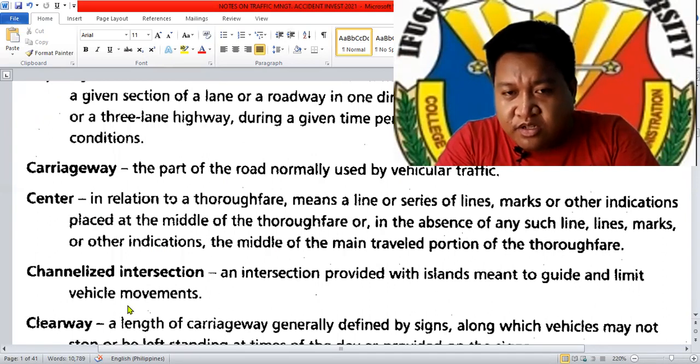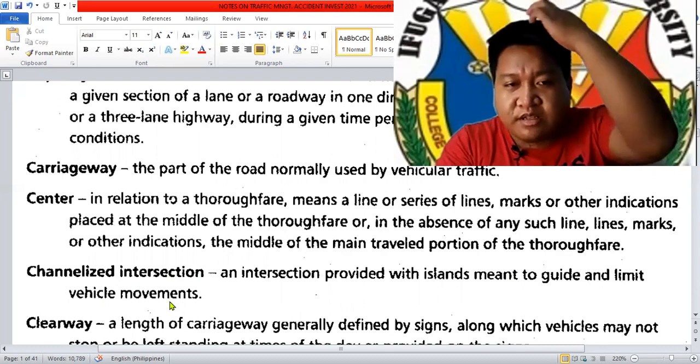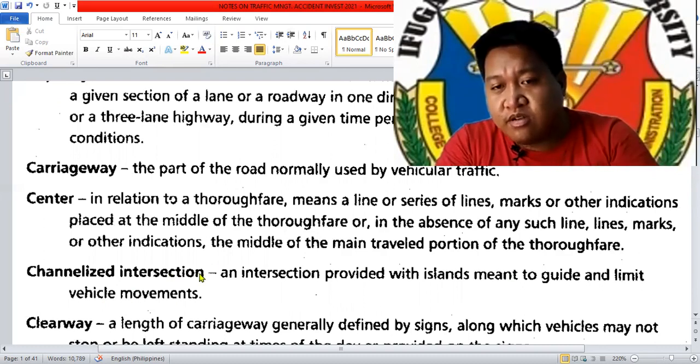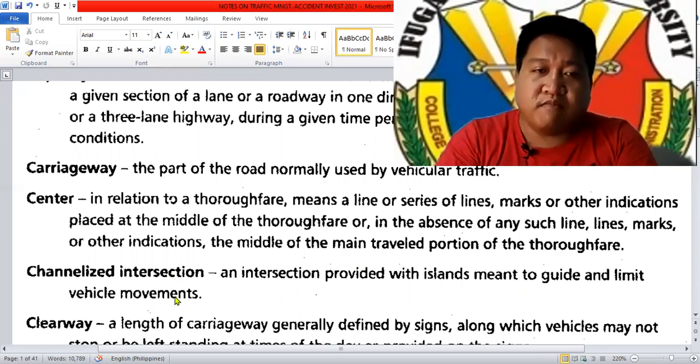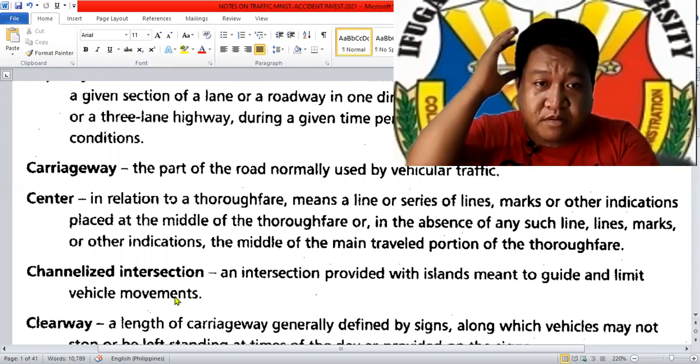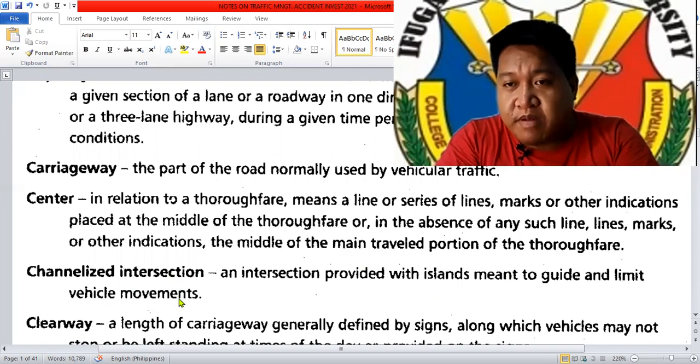Channelized intersection, an intersection provided with islands meant to guide and limit vehicle movement. So channelized intersection, it is an intersection provided with islands meant to guide and limit vehicle movement. Parang yung humps, no? Yeah, that is to limit and guide the vehicle movement.